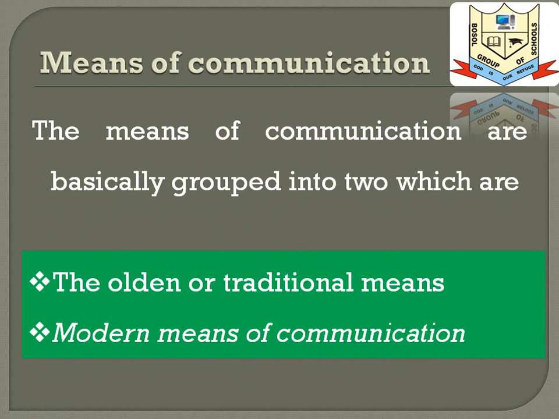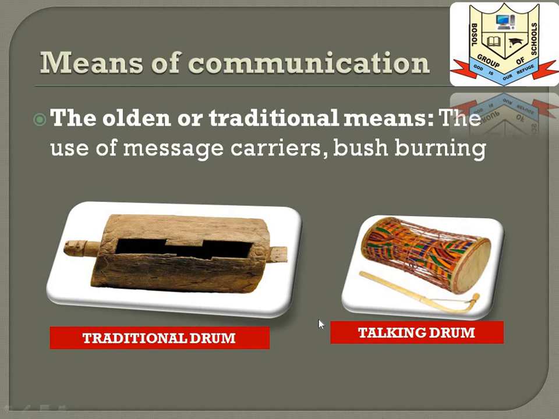Now I want to look at the means of communication. There are two major means of communication, which are the olden or traditional means of communication and then the modern means of communication. The olden or traditional means of communication is the oldest form of communication that has been in place even before the coming of the white men or the civilization of our nation.